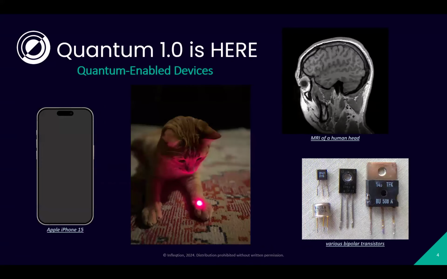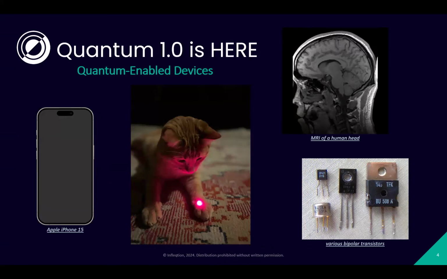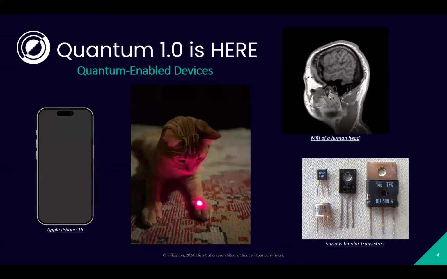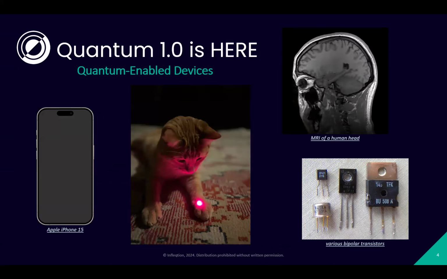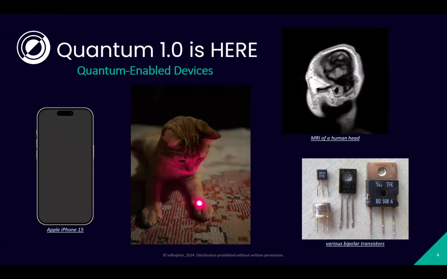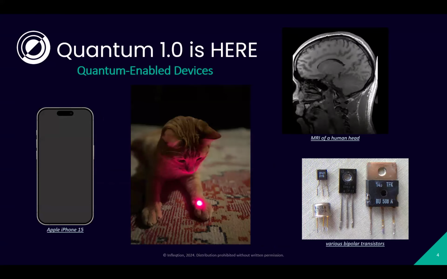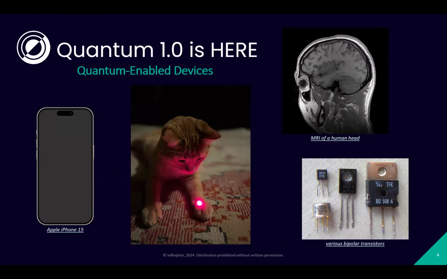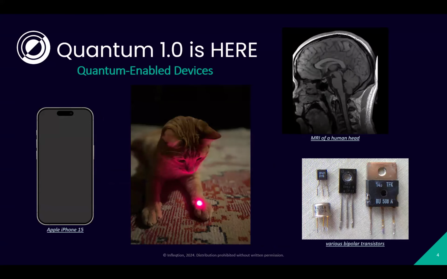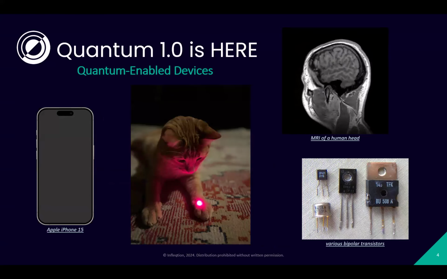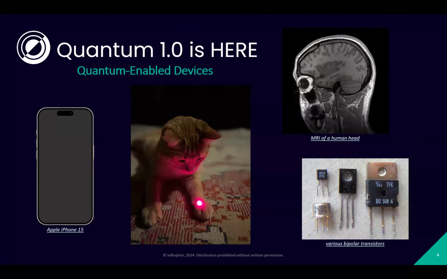Just for some examples, this is a lot of what Quantum 1.0 has enabled. They're quantum-enabled devices. At the heart of it are things like semiconductor junctions and transistors. Without these, we wouldn't have cell phones with which to take photos of cats playing with laser pointers, arguably the most important application of laser technology.